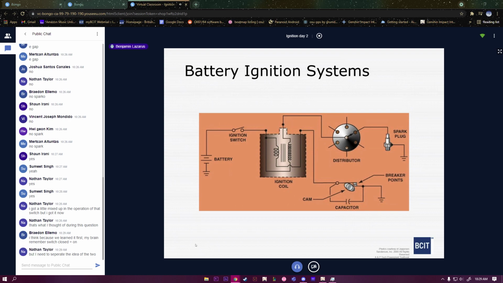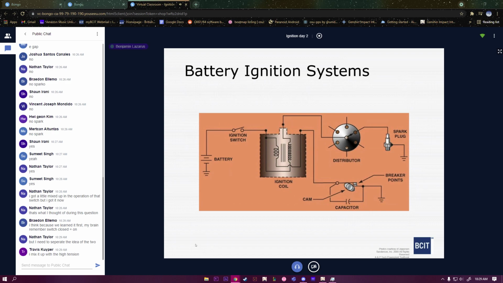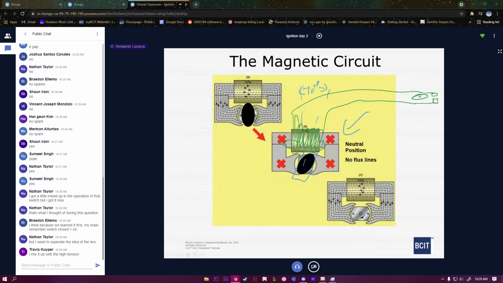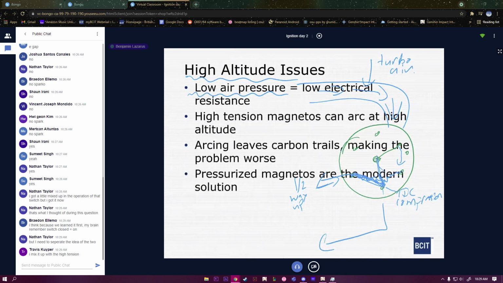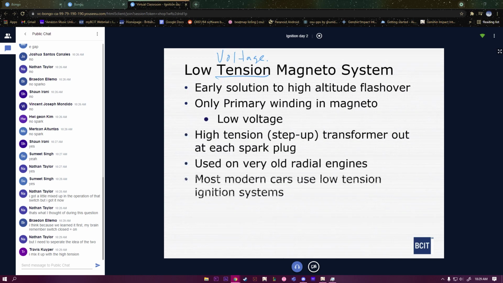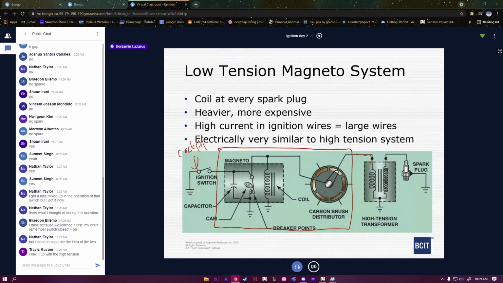Yeah, you need to separate the idea of the two. Okay, but high tension and low tension. Here's my low tension system. How does the low tension system ignition switch work?